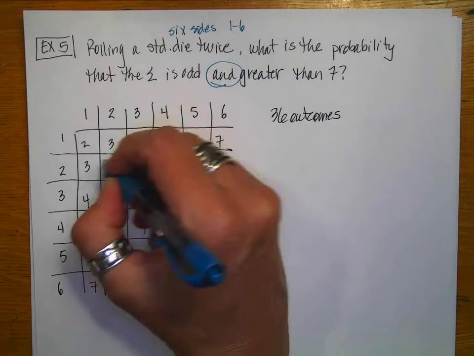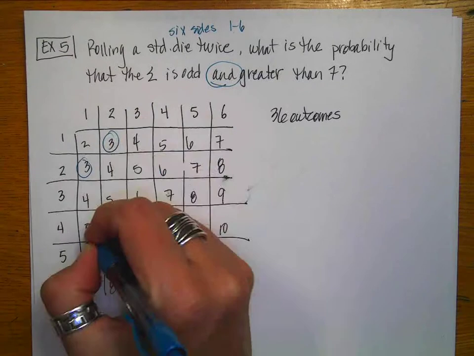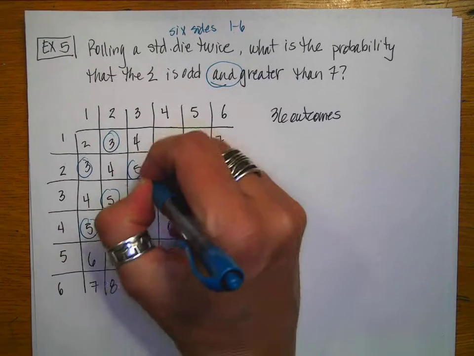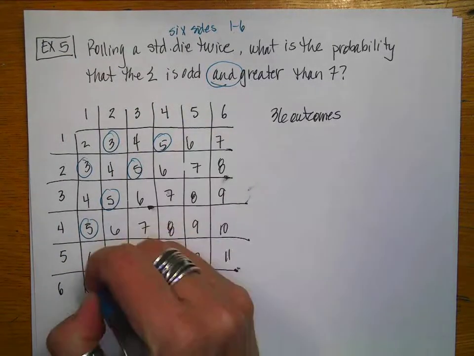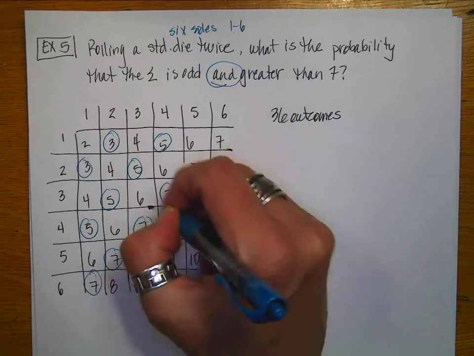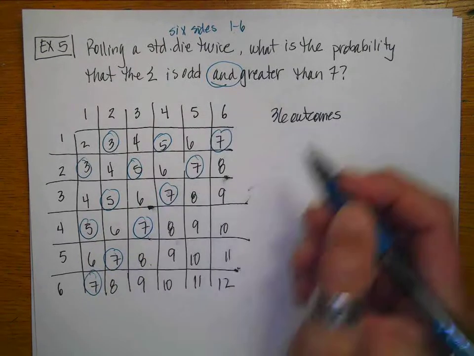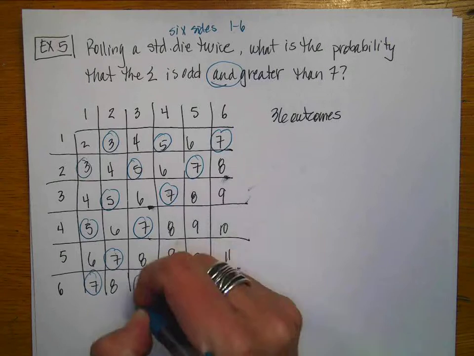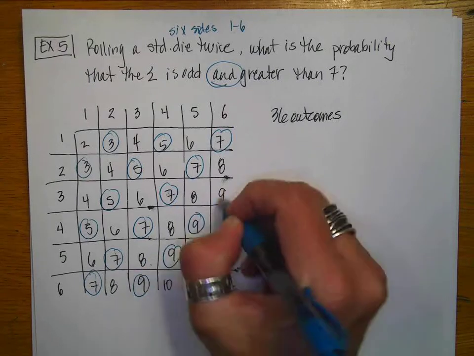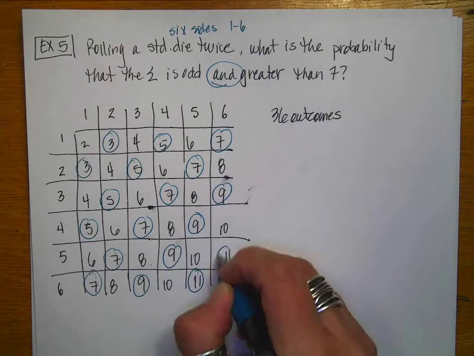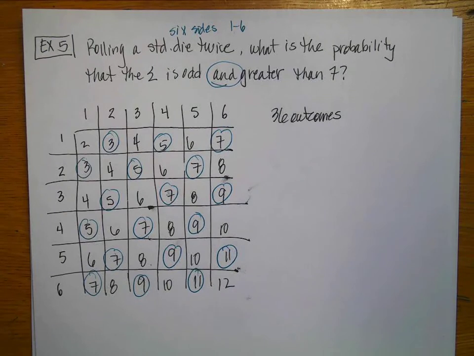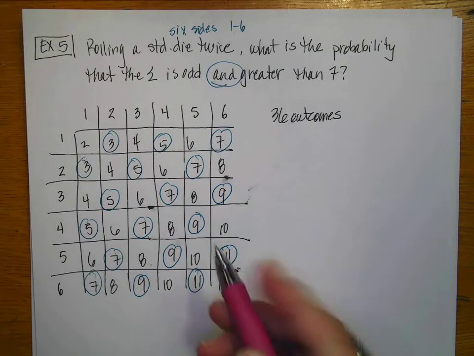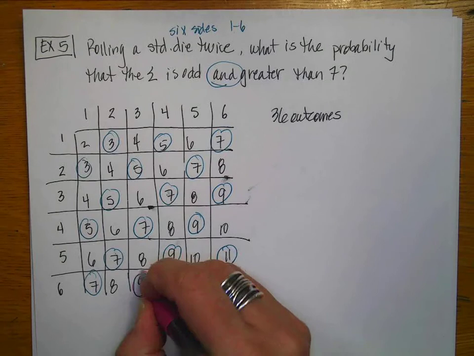So the probability of odd is going to be 3 and then the 5s and then the 7s because 7 is odd. Okay. 9s are odd and 11s are odd. Okay. The next thing that we're going to do is look at those numbers where the sum is greater than 7.